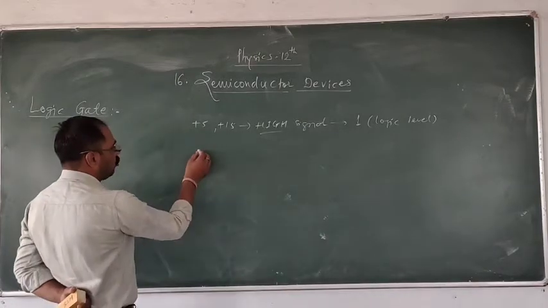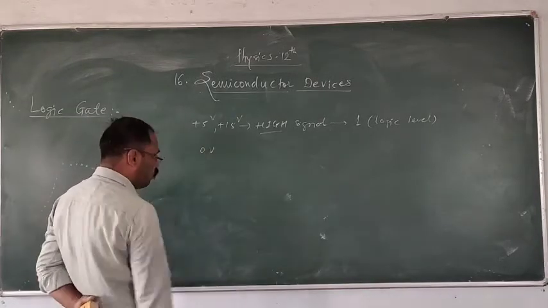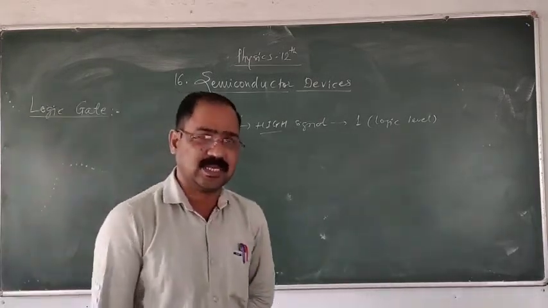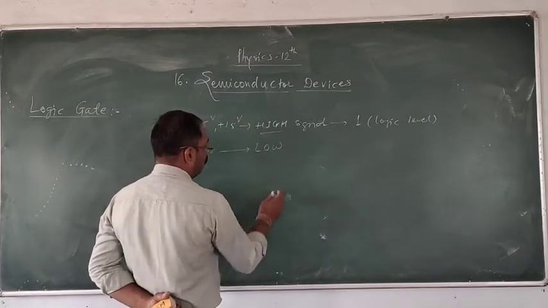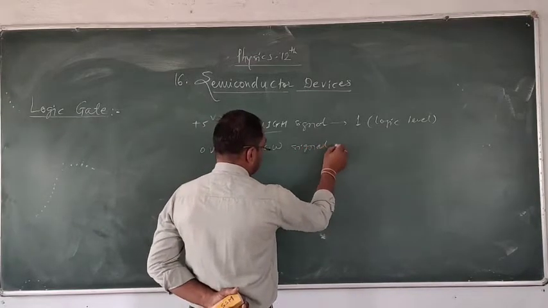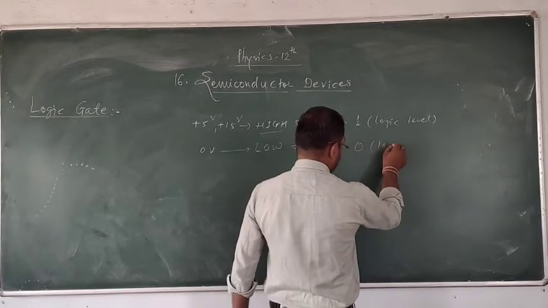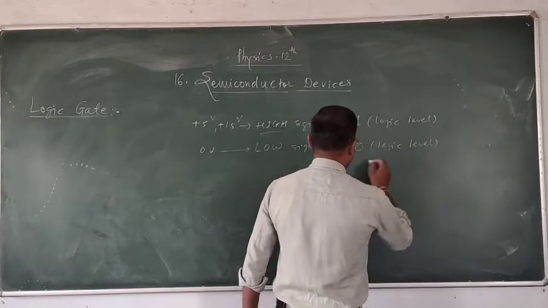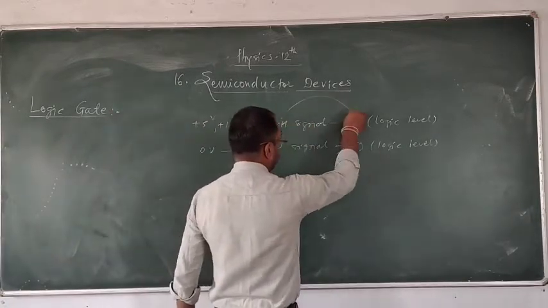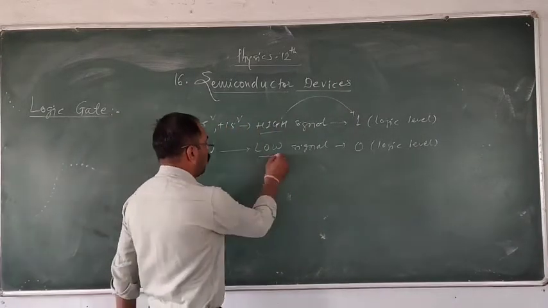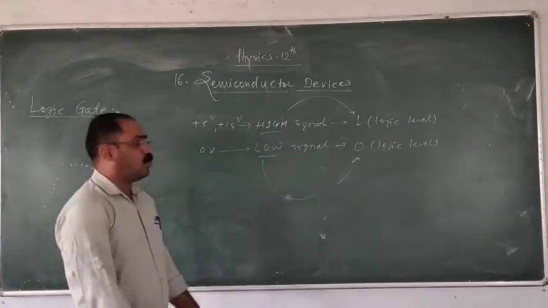If the signal is low, that is 0 volt, which means nothing is applied to the circuit, this is the low voltage level, low signal, and it is indicated by the 0 logic level. Whenever the signal is high, you indicate it as 1 logic level, and when the signal is low, that is 0 volt is applied, it is represented by the 0 logic level.